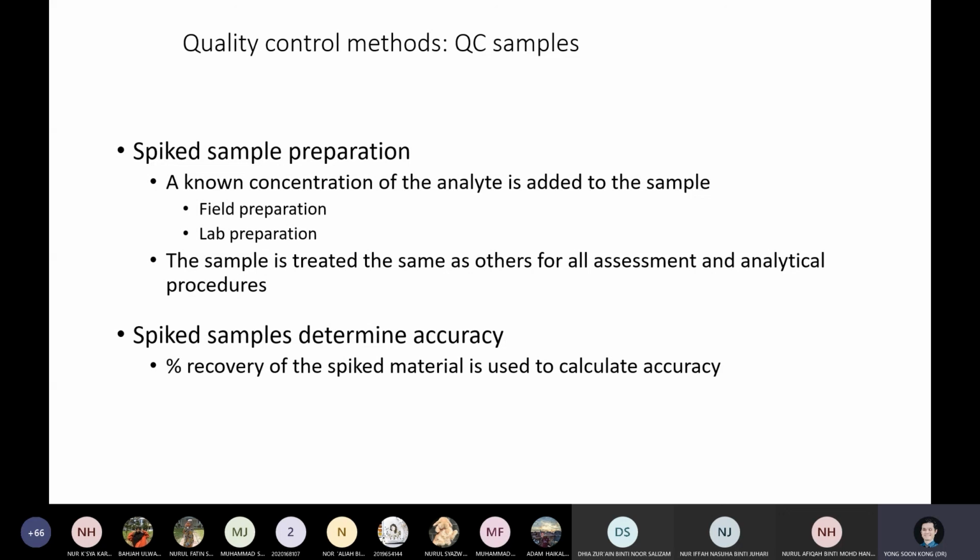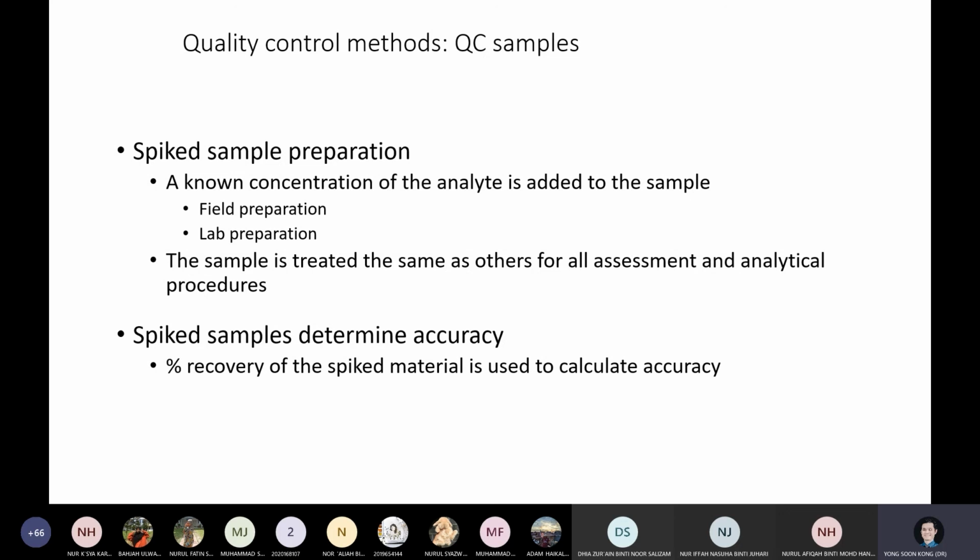So that equates to 99% percent recovery. So these are the things that we analytical chemists determine, to determine accuracy. If you don't know how to determine percent recovery, you can look at the textbook. I'm sure the textbook has a lot of questions on how to calculate percent recovery. So go ahead and refer to your textbook.